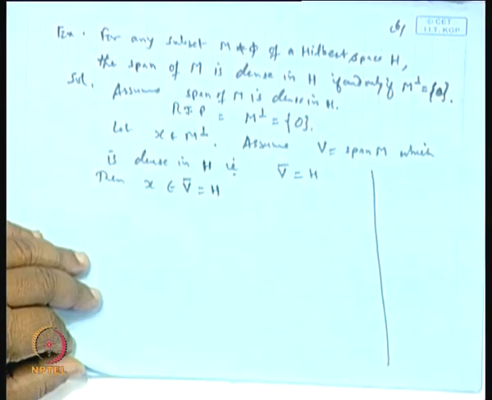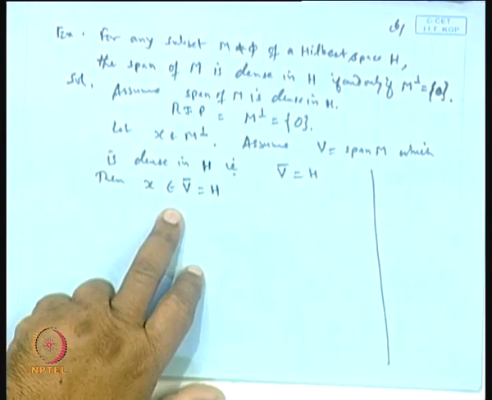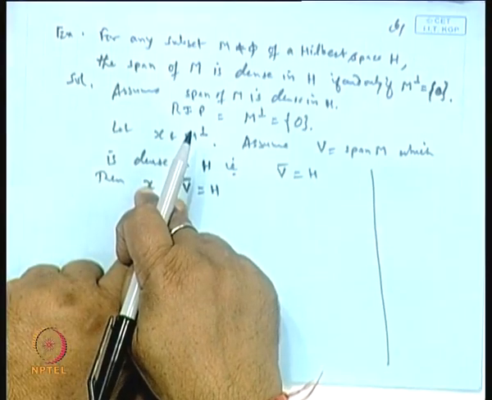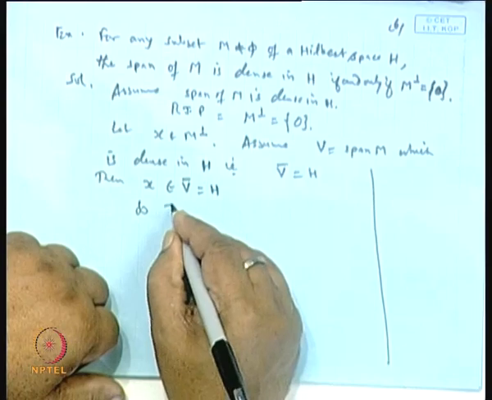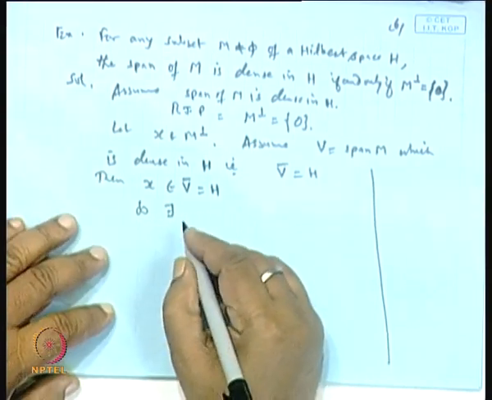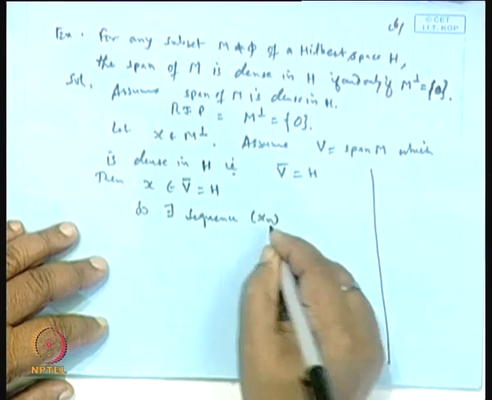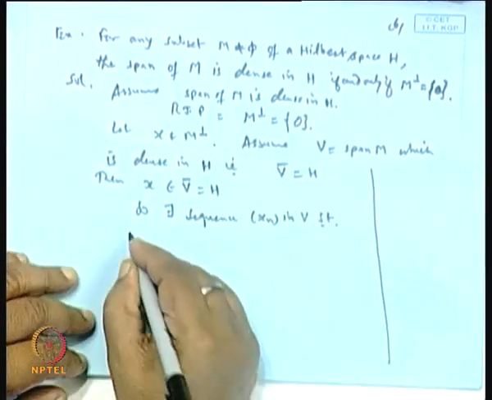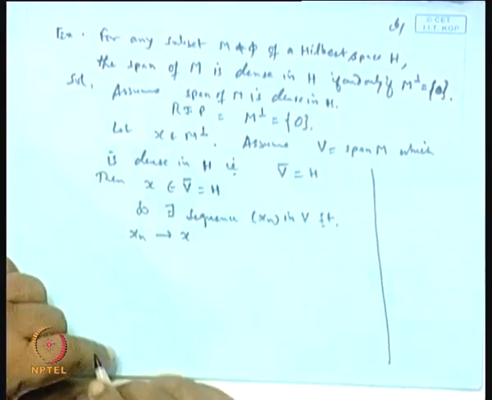Now, if a point belongs to the closure of a set, it means there must be a sequence of points in V which converges to the point X. So, there exists a sequence x_n in V such that x_n goes to x.